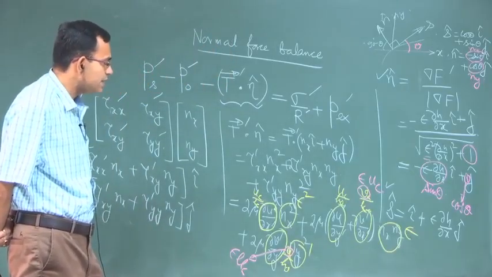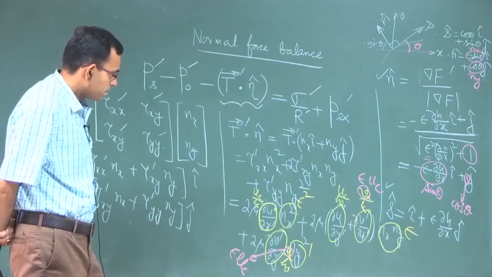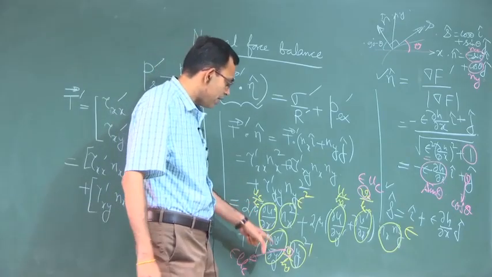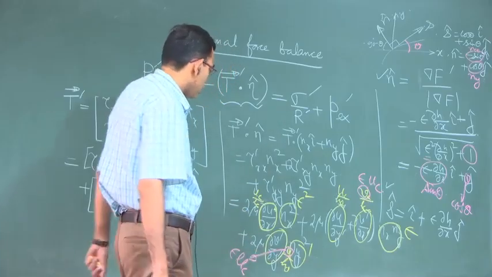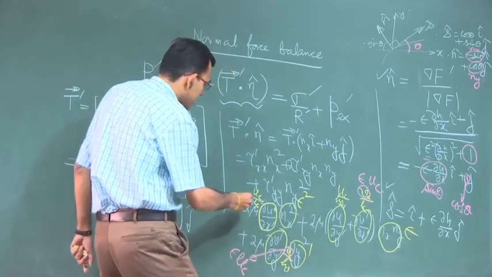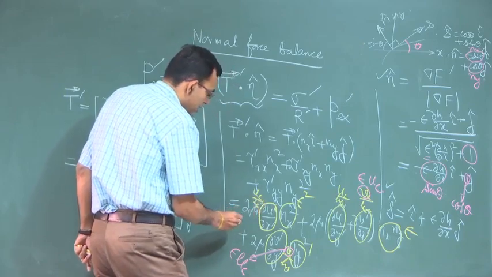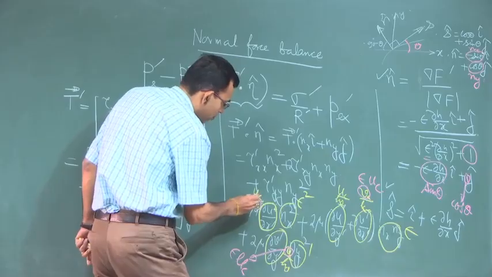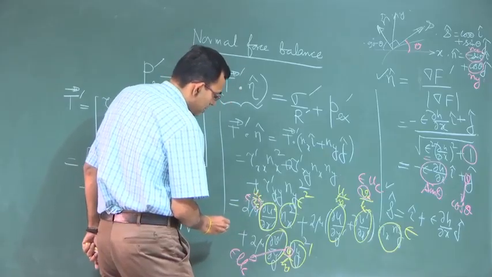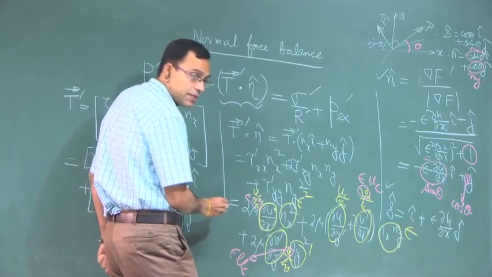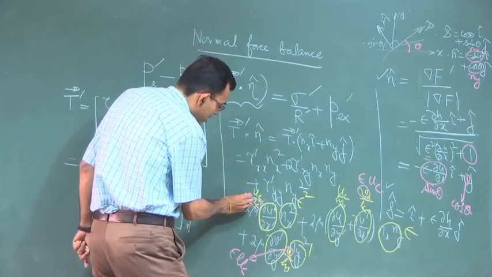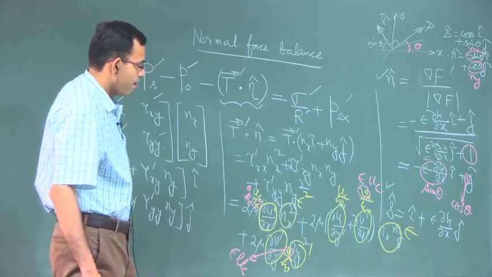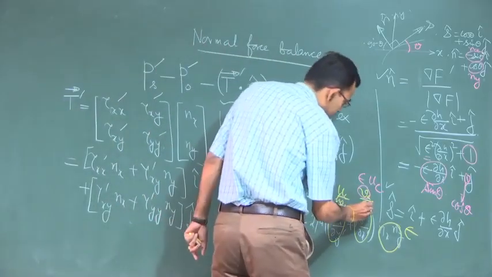So, you can clearly see that irrespective of the dimension by which it is divided, you may make LC as H naught by epsilon, right. So, this will be H naught, in the top there will be epsilon. LC also the same thing.